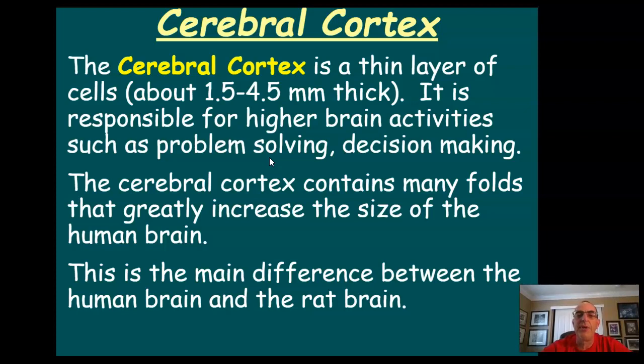And interestingly enough, all of our higher cognitive processes, such as decision making, problem solving, thinking, and so on, are controlled within our cerebral cortex. And so that's why animal species that have bigger brains, such as monkeys and humans, have much more intelligence than those who have smaller brains.